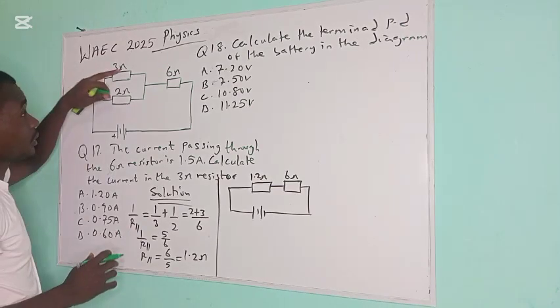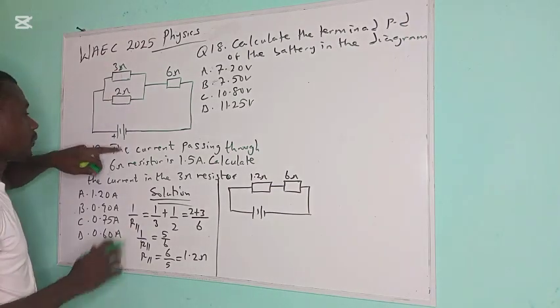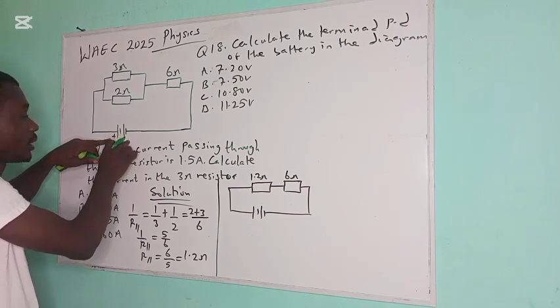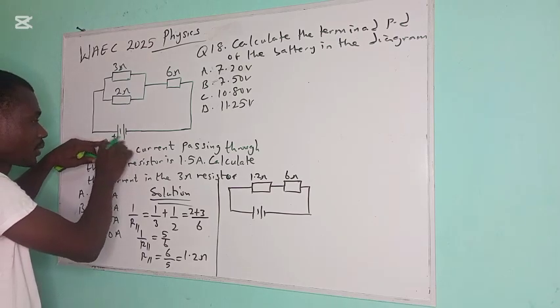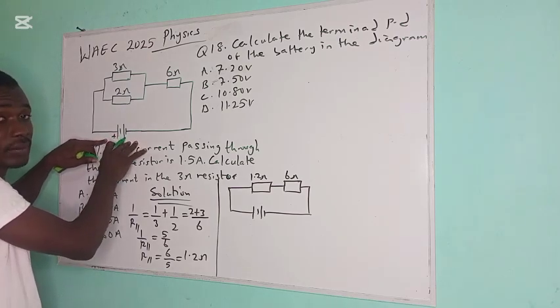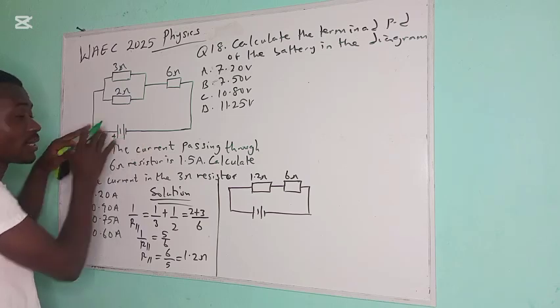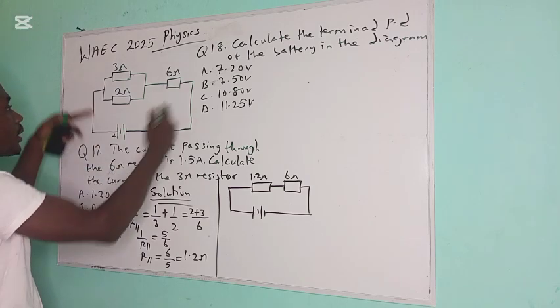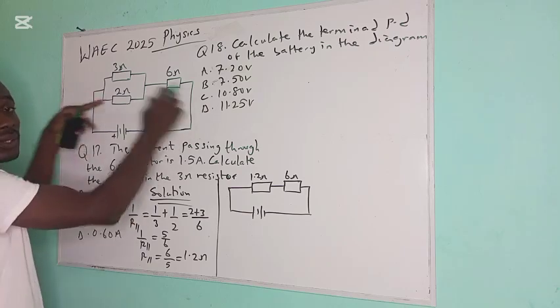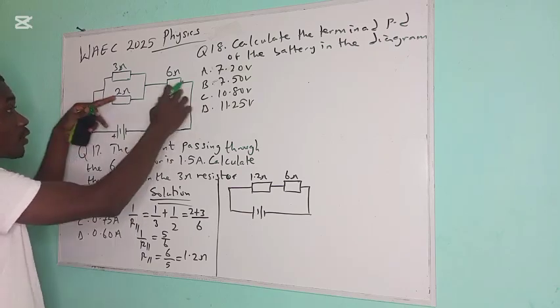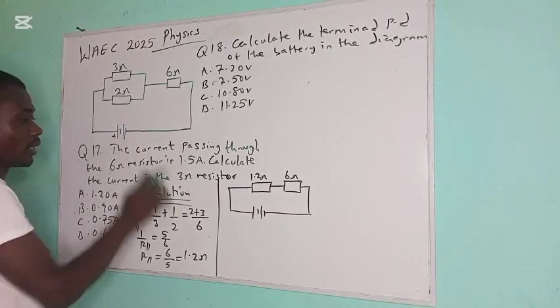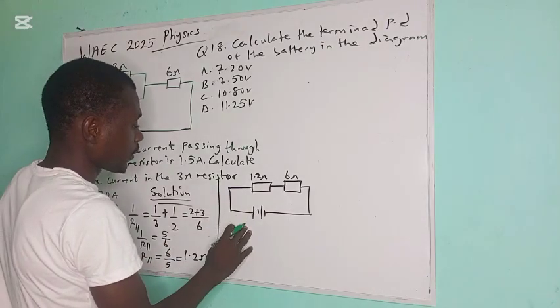We want to find the current. The first thing is that we need to find the potential difference, that is the voltage supplied to this circuit. That is the first thing we need to find.